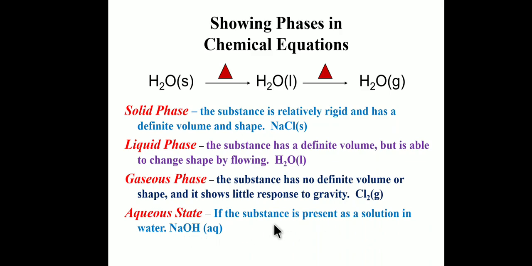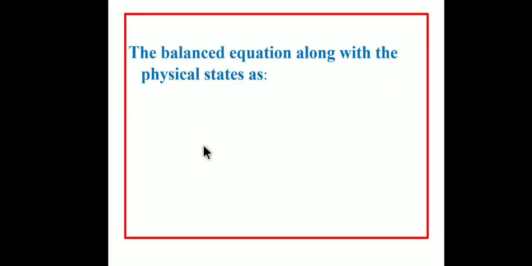If any substance is dissolved in water, then that solution is called an aqueous solution or aqueous state. For example, NaOH, sodium hydroxide. If you add it to water, the solution of sodium hydroxide is in the aqueous state.